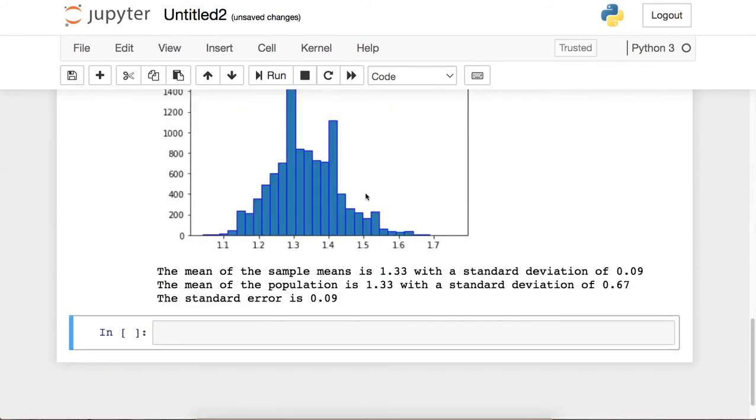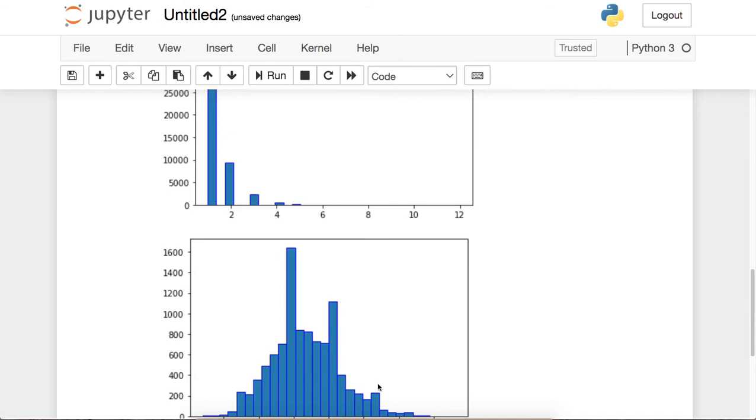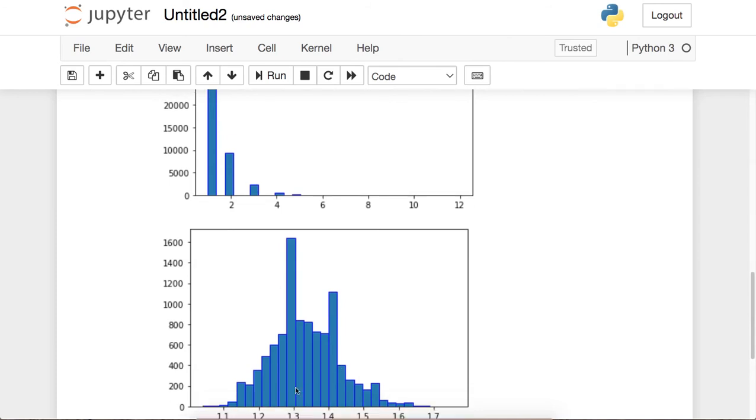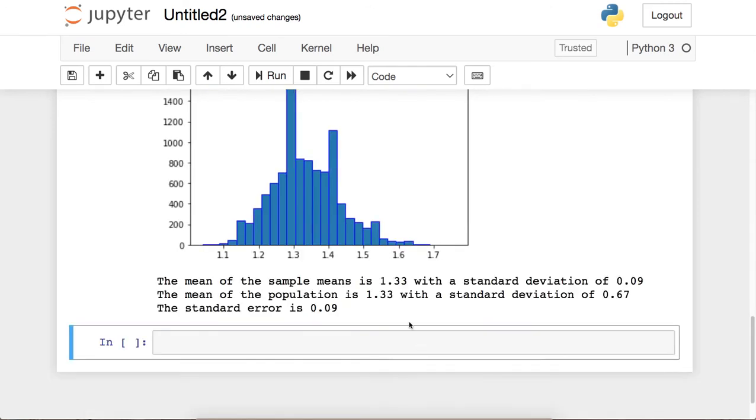Here is roughly our sample means for that. Notice we have quite a spike here, but except for a few spikes, we get this bell-shaped distribution. Again, sample means, population mean, standard deviation versus standard error, and if we multiply this by 7, we get pretty close to our population.